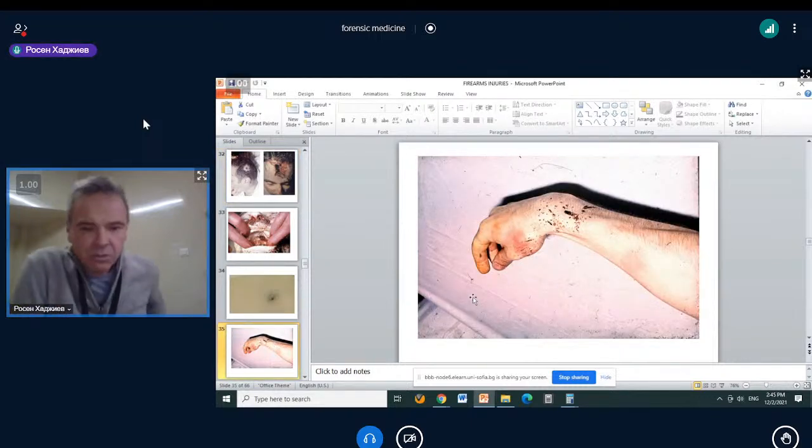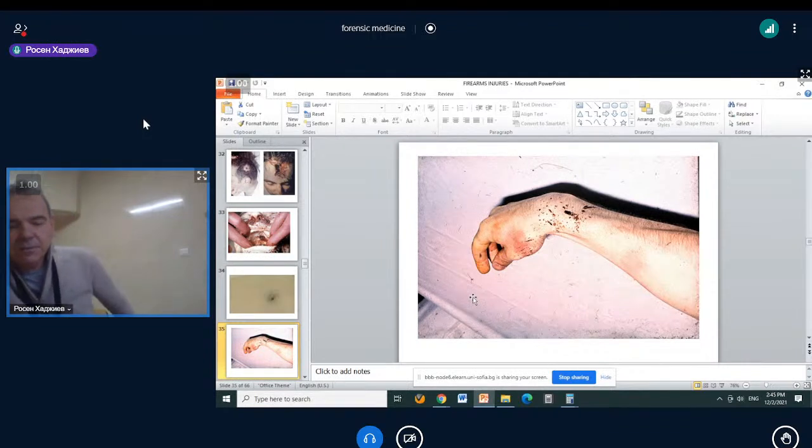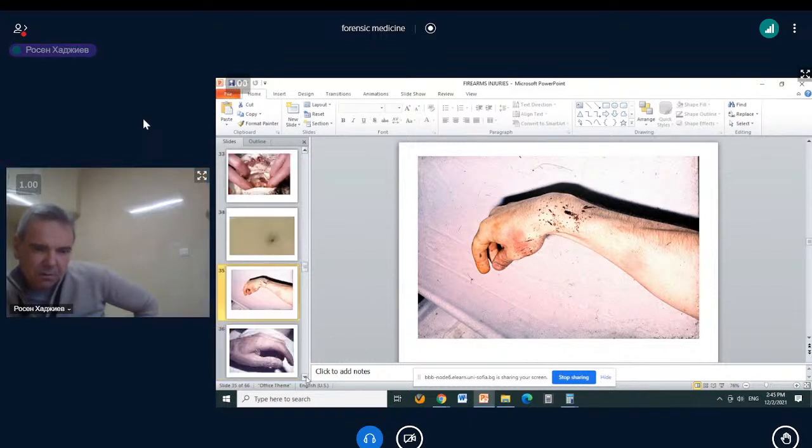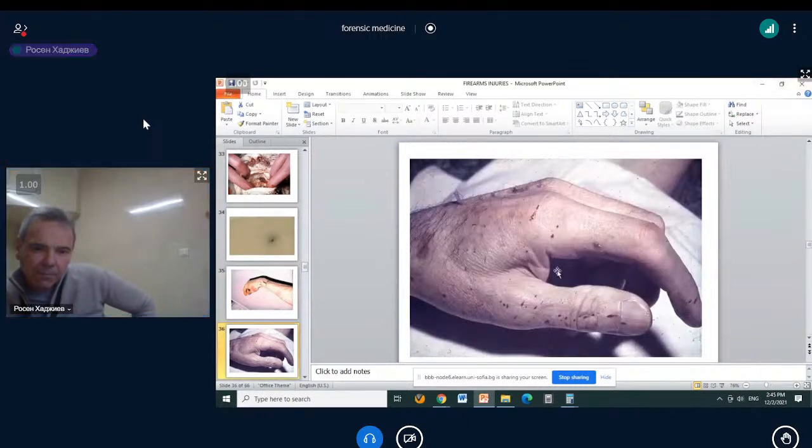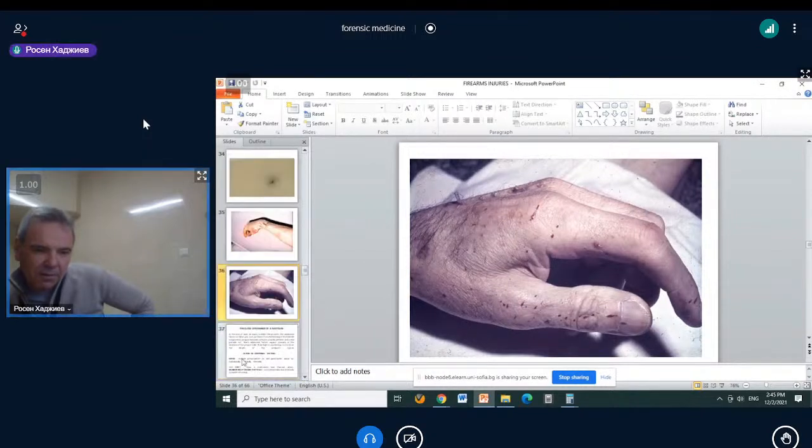When somebody has committed suicide, we can find blood drops or some tissues left on the hand which is holding the gun. You can see some different drops left on the hand.